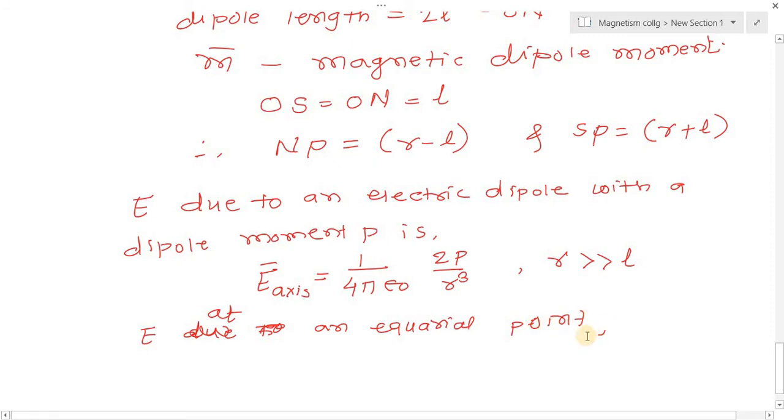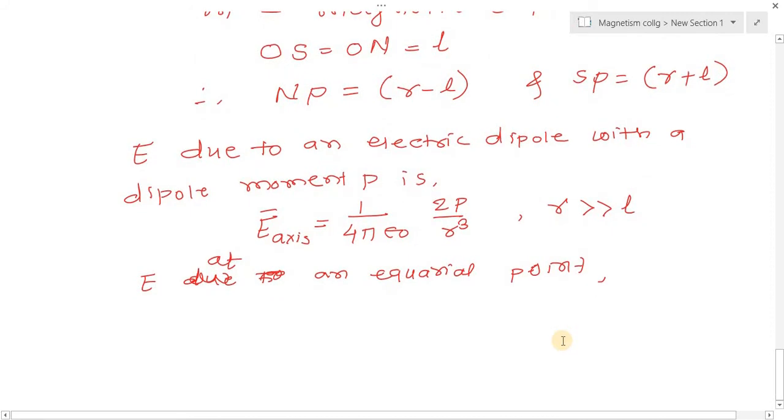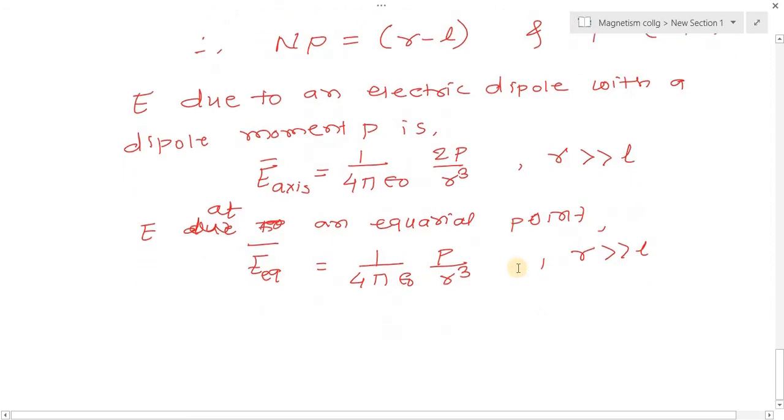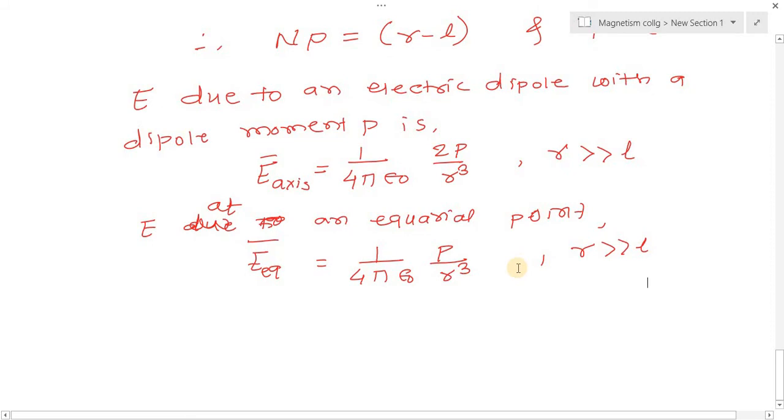We already studied this formula also: E bar equator is equal to 1 upon 4 pi epsilon 0 times P upon r cube, and this is also when r is very much greater than the length of the magnet. So these are the two formulas we studied: first, the electric field due to an electric dipole with dipole moment P for an axial point, and then E bar equator for an equatorial point.